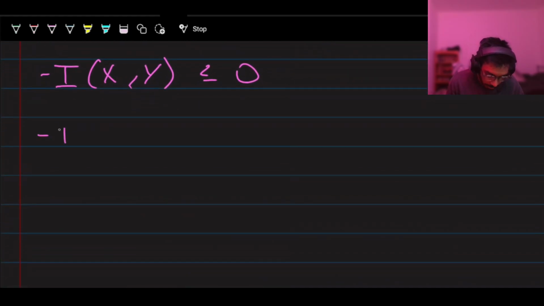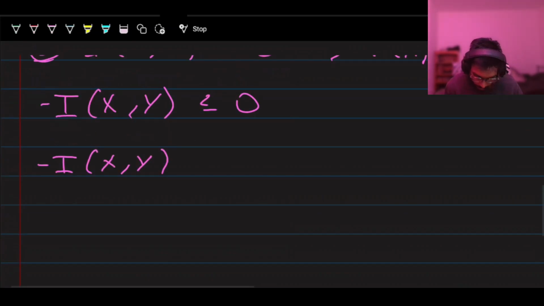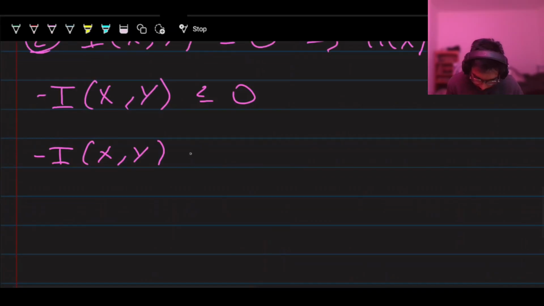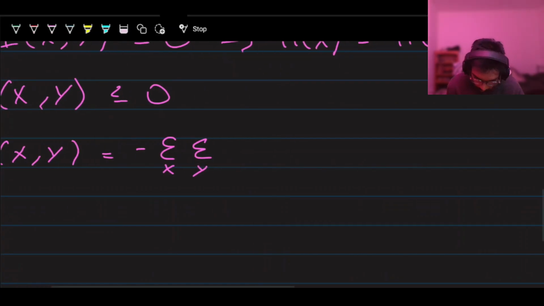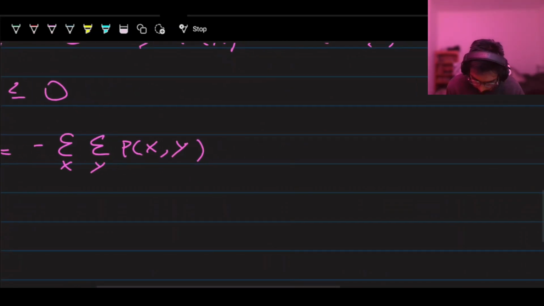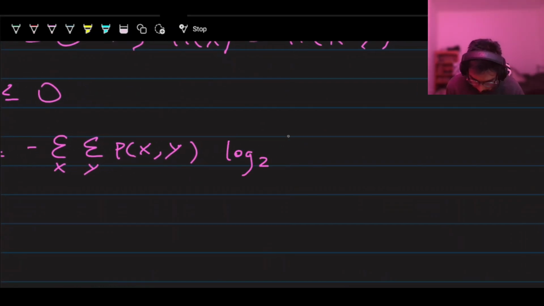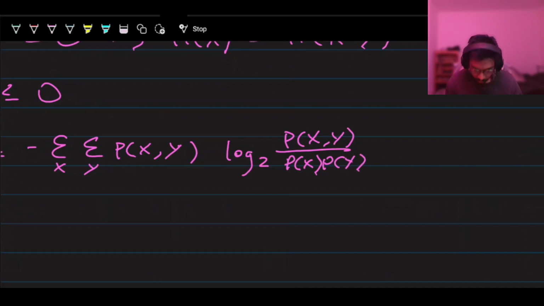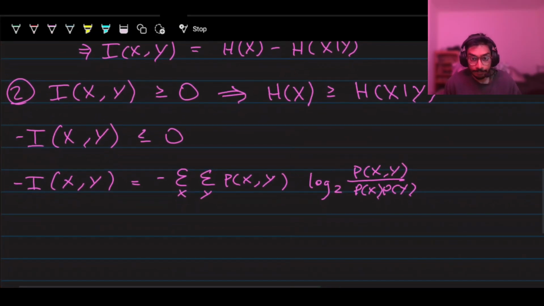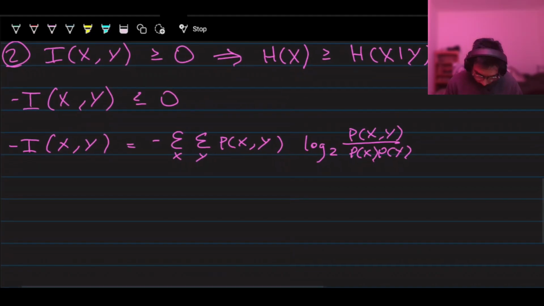The negative mutual information of x given y is the negative double sum over x and y of the joint PMF times the log of the KL divergence ratio.